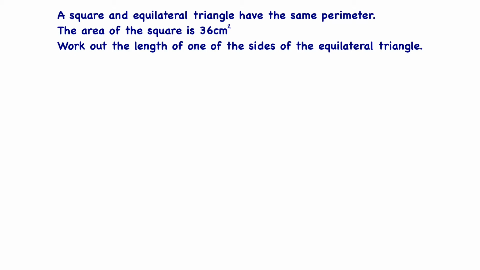Okay, so thinking about what we know already. We know that there is a square and an equilateral triangle. So first things first, we want to draw a square and an equilateral triangle. So here's our square and our equilateral triangle, and we want to write on any information we know.